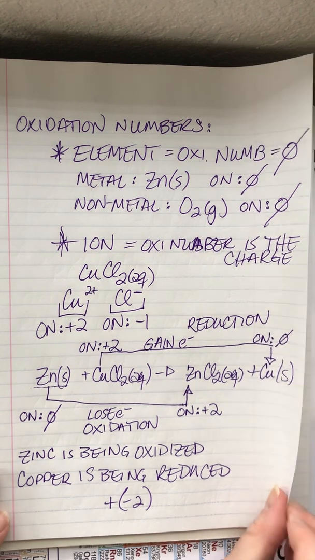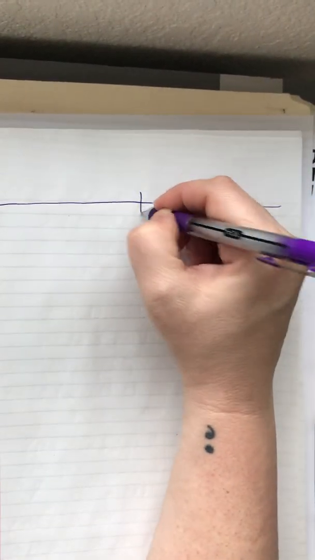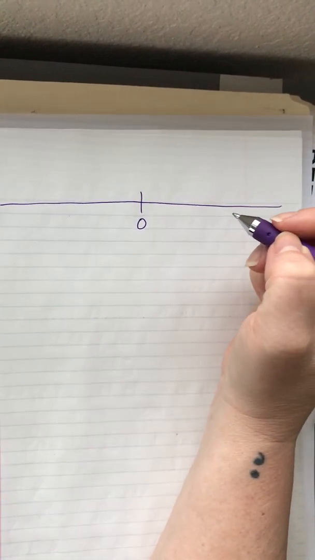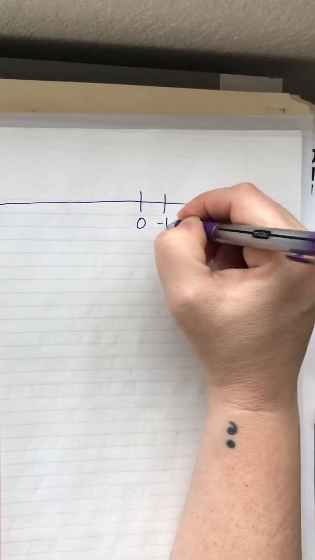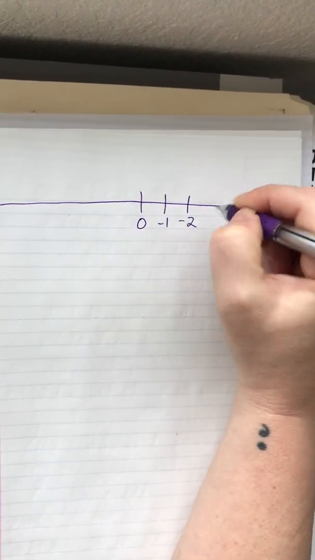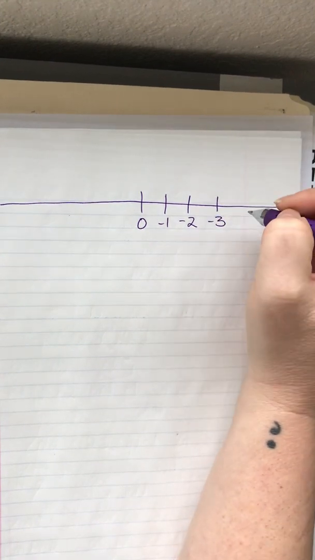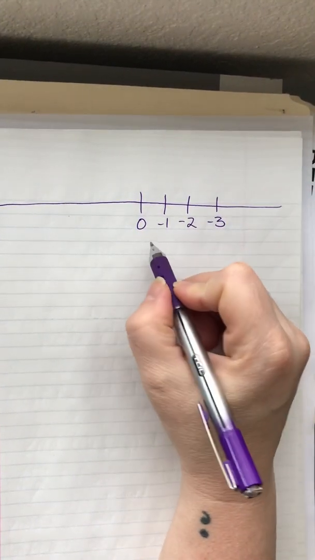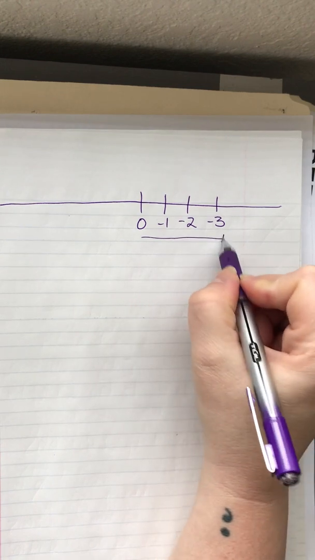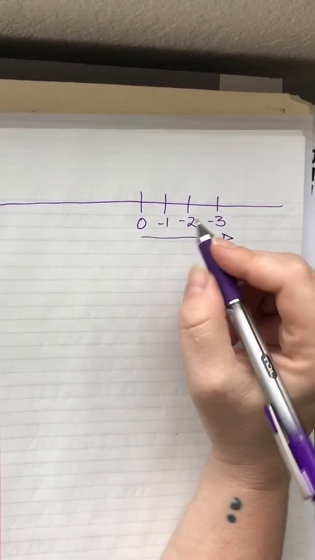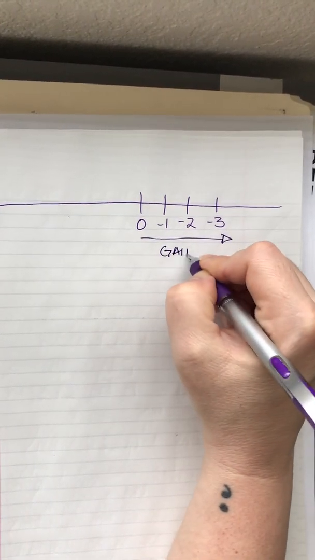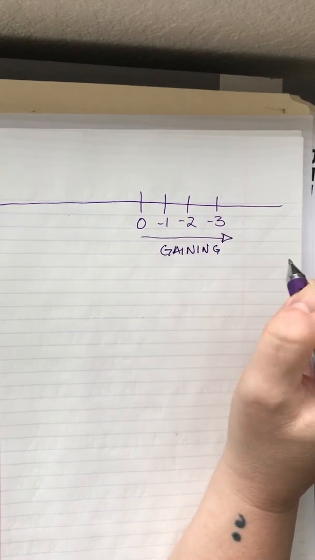I think this is helpful for most people: I literally will draw out a number line. So starting at 0, if I'm going -1, -2, -3, in this direction, I have to be gaining electrons.